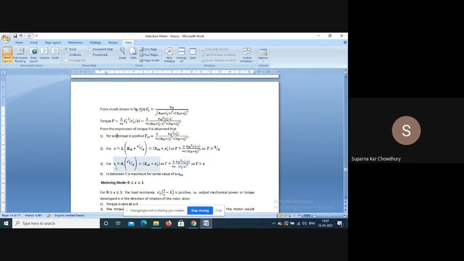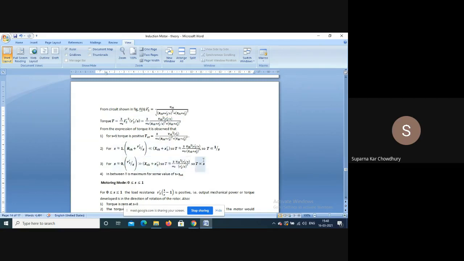And near the synchronous speed, when S is equal to 0, then this R2 dashed by S would be very large because S is small. R2 dashed is divided by a very small quantity. So this R2 dashed by S will be predominant, very large compared to the other quantities.